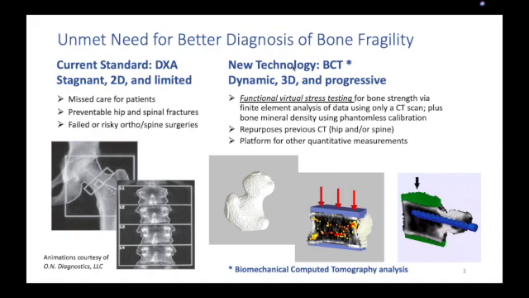But the detection of osteoporosis is weak, and as a result, not many people that should be tested are tested, and therefore the preventive measures that you could take to stop hip and spine fractures and other fractures are just not taken. So you have lots of hip fractures and spine fractures occurring that really should be preventable.